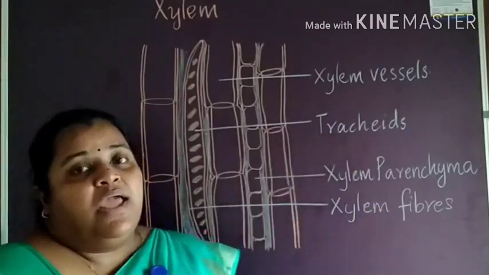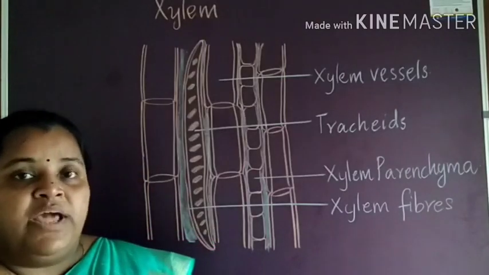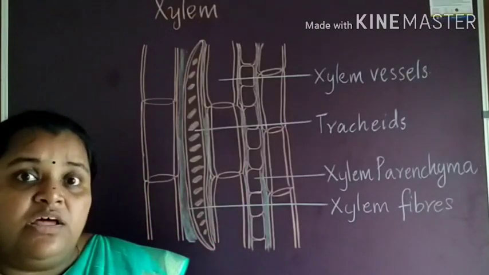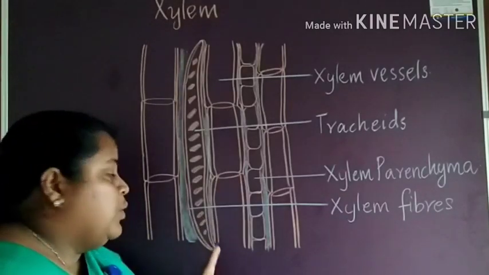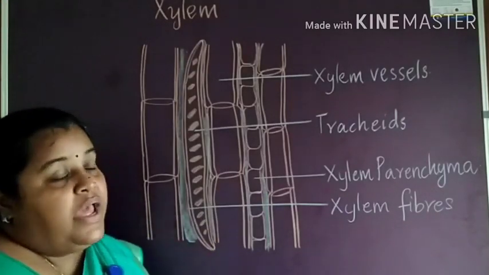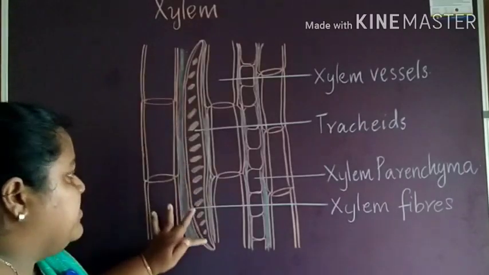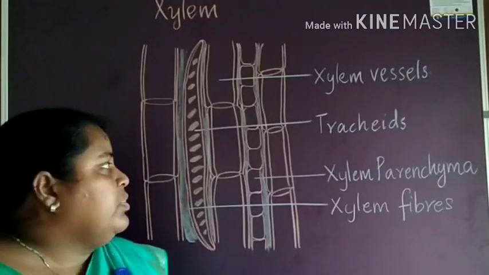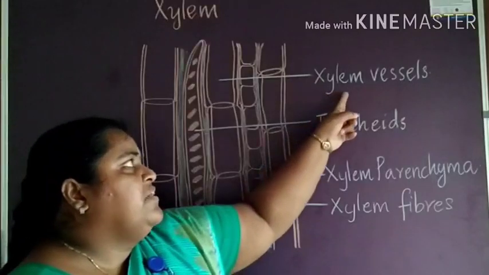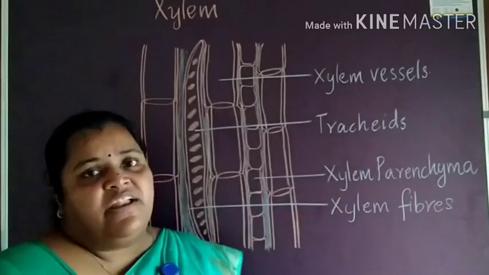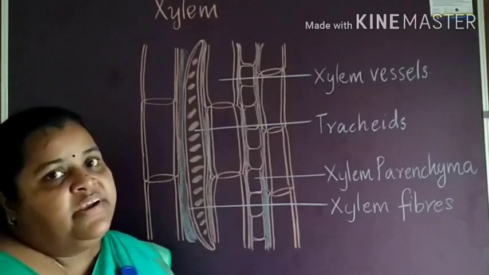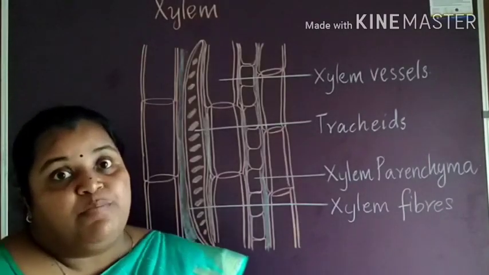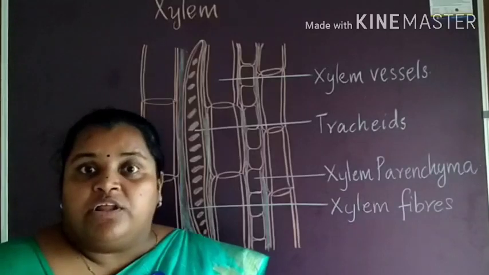Tracheids are elongated tube-like cells with thick wall and tapered ends. When comparing the size of xylem vessels and tracheids, xylem vessels are greater in diameter, which helps in transportation of water and salt.